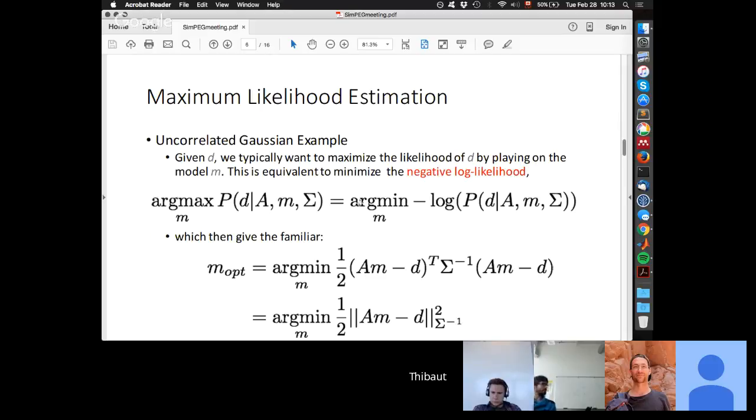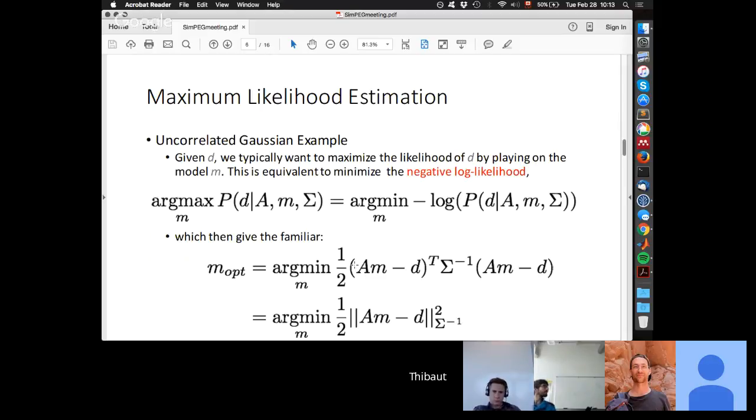So I will now look for the M that gives the minimum of the negative log.